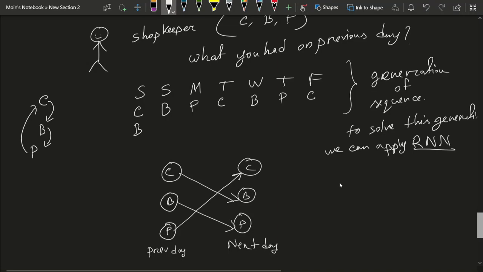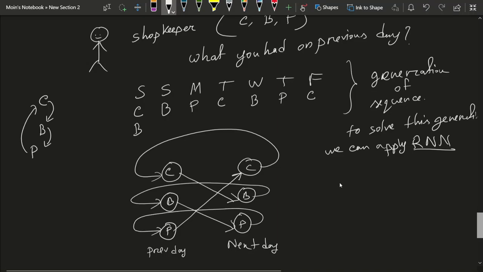How does the recurrence work? Chicken will go back to chicken again, burger will go back to burger again, pizza will go back to pizza again. This is basically how the recurrent structure works. Normally, a recurrent neural network works like chicken, burger, pizza, with each one connected to the next.